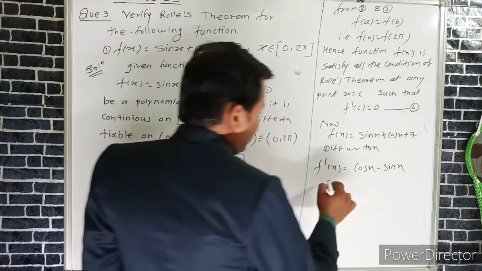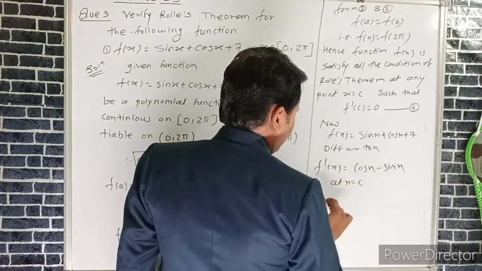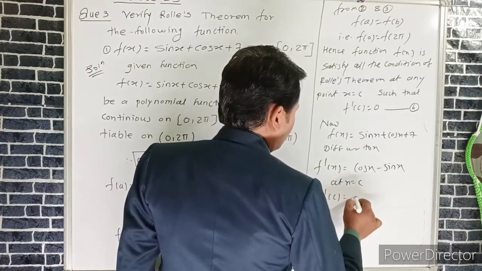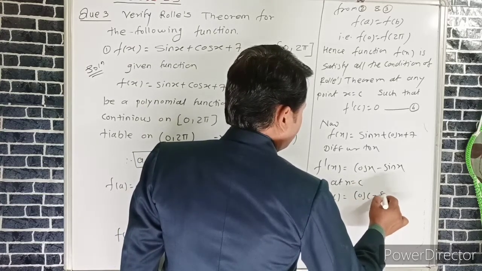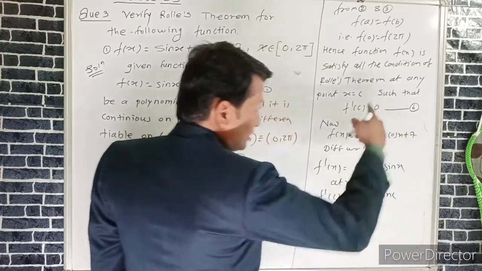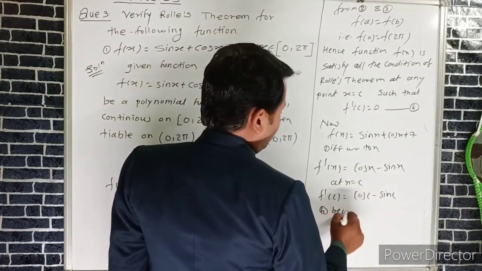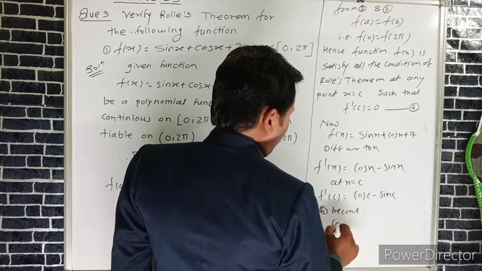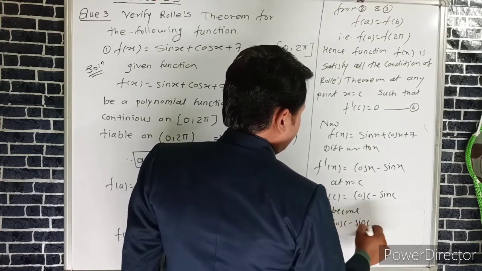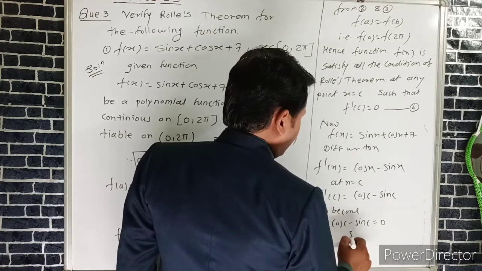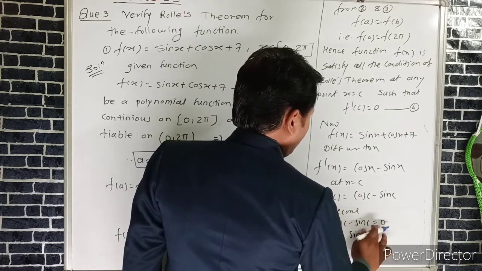So we can write at x = c, f'(c) = cos c - sin c. If we put this value of f'(c) in equation 4, then equation 4 becomes cos c - sin c = 0, or we can write sin c = cos c.